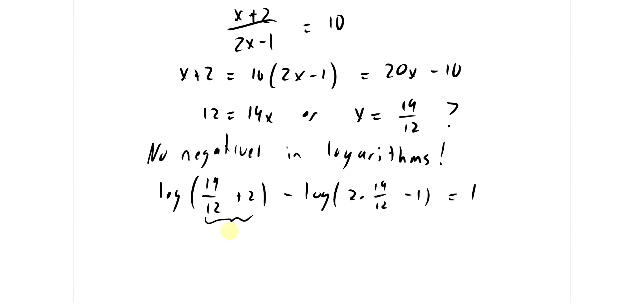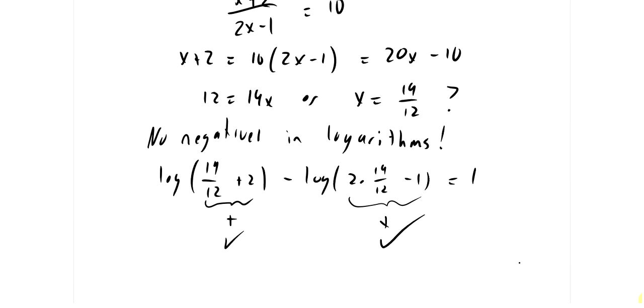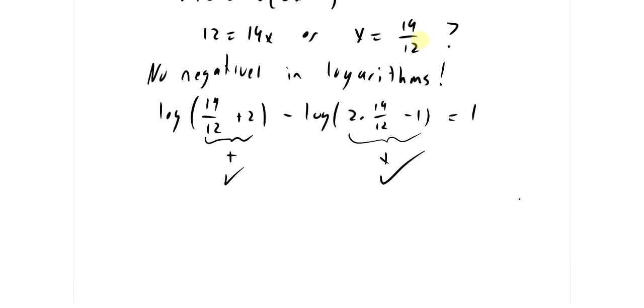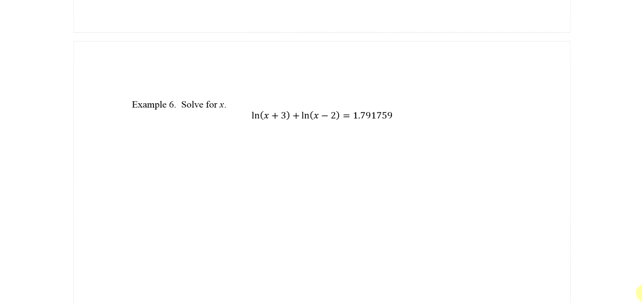This is positive, so we're okay. This will be 38 over 12, and so that's also bigger than 1, so that's positive, so we're okay. So you have to check your answers if you're going to put an x back into a logarithm, because if it makes something inside a logarithm negative, you can't use it. But here, x equals 19 over 12 is a solution. And we'll see cases like this one where that's not.